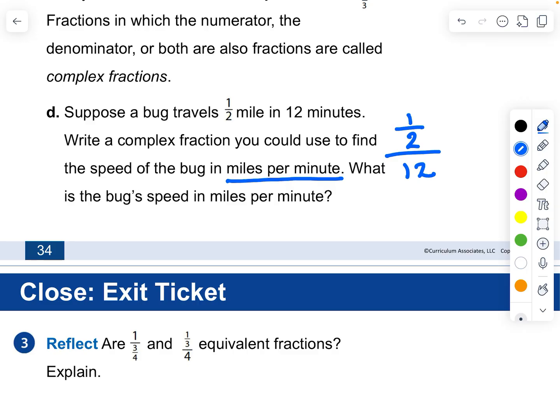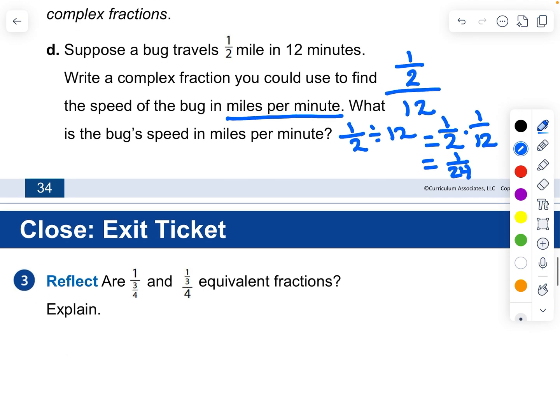So that says 1/2 divided by 12, which is the same thing as 1/2 times 1/12, which is 1/24 mile per minute.